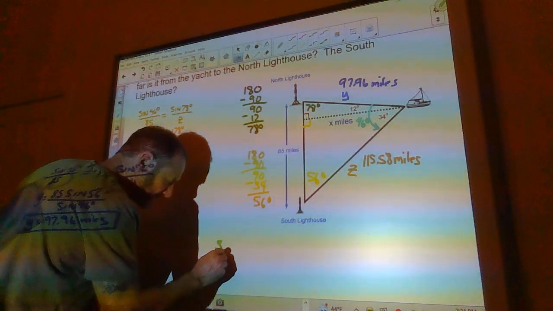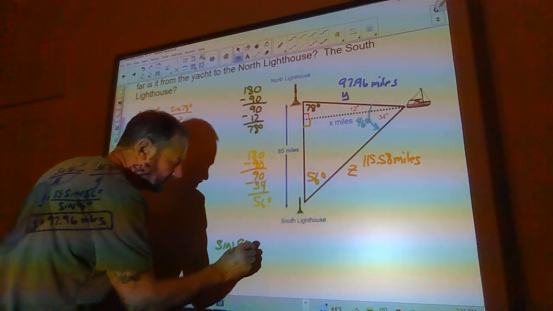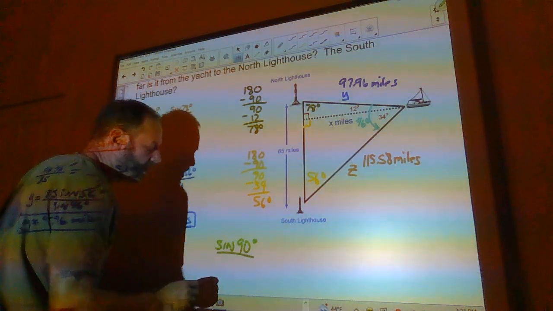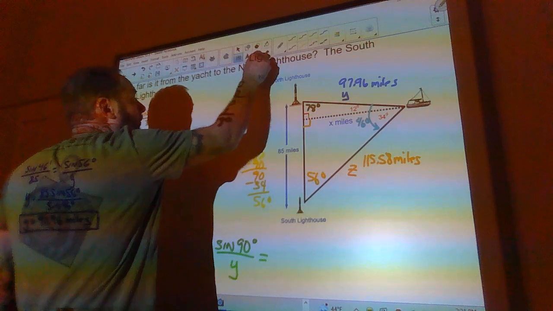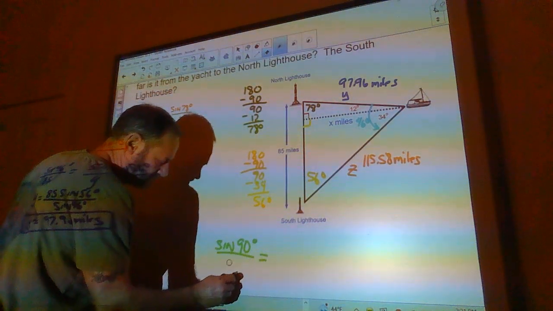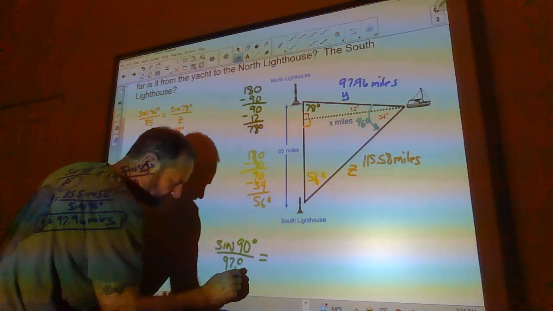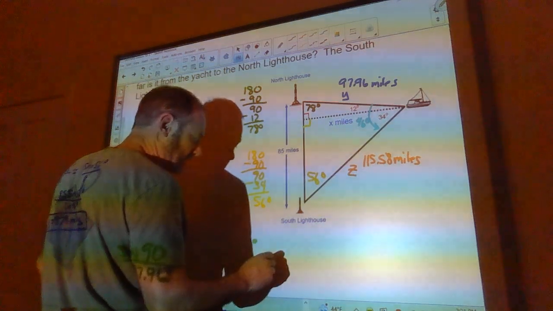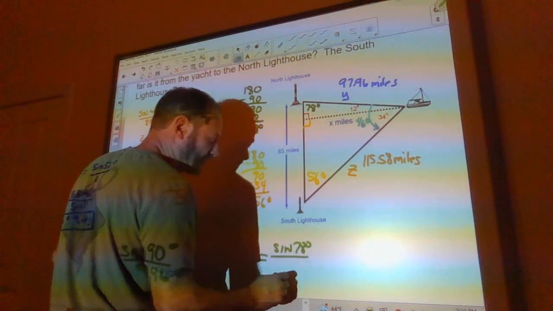So this would be the sine of 90 degrees over y, I already know y. Y is 97.96. That's going to equal the sine of 78 degrees over x.